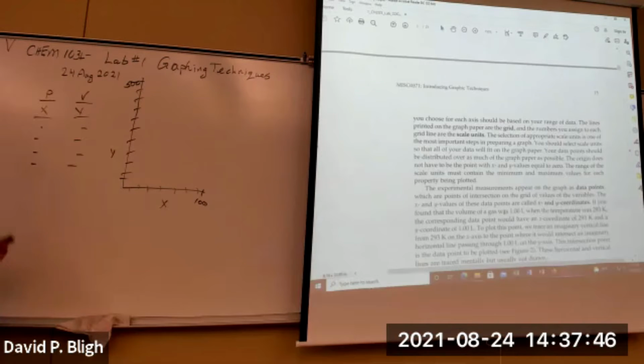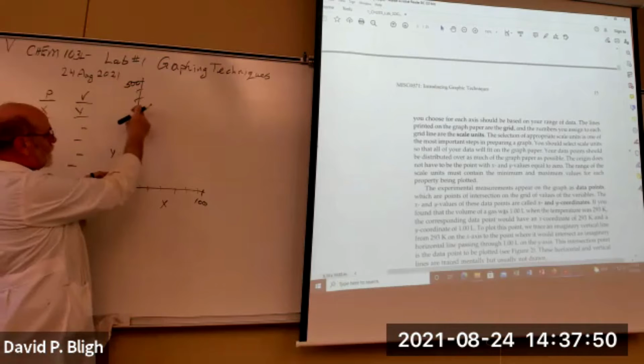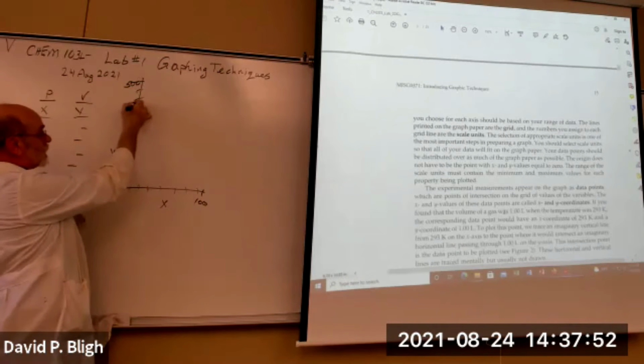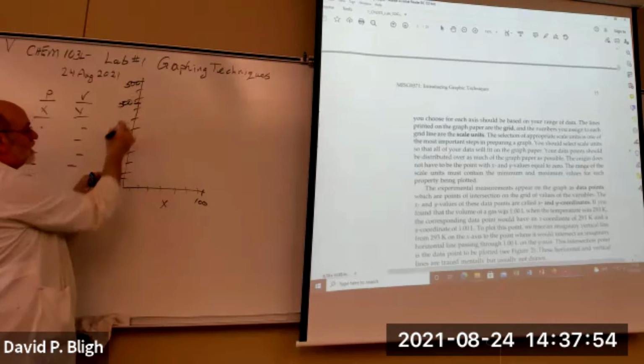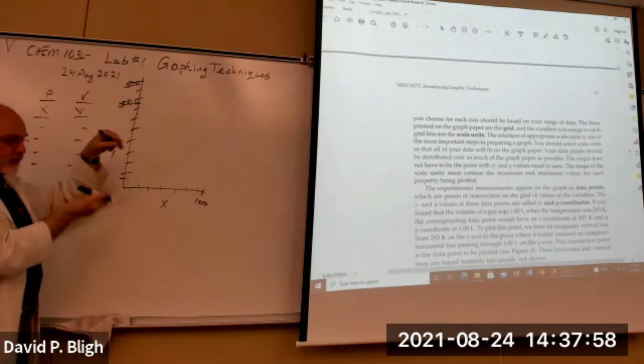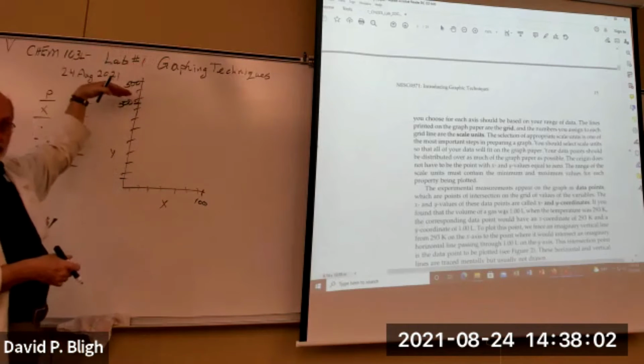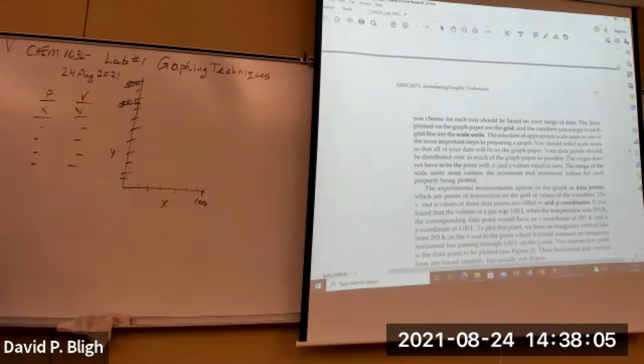If your graph paper is built in such a way that you can go 100, 200, 300, 400, 500, and it only goes to here for 500, and then if you try to add in another unit for each space, it would put 500 off your graph, well, you've got to go to the smaller unit. So you have to think of the total magnitude of your scales, and then look at the subdivisions.